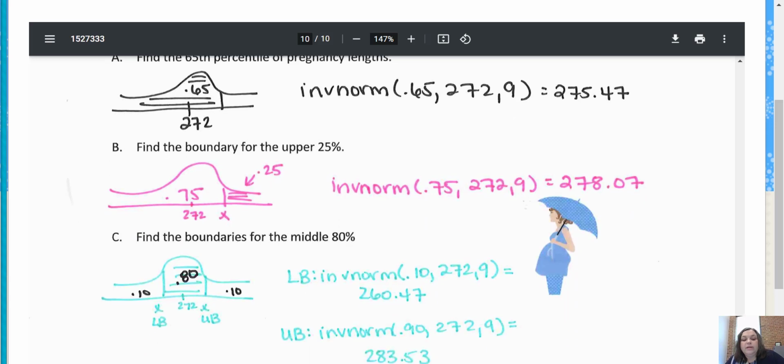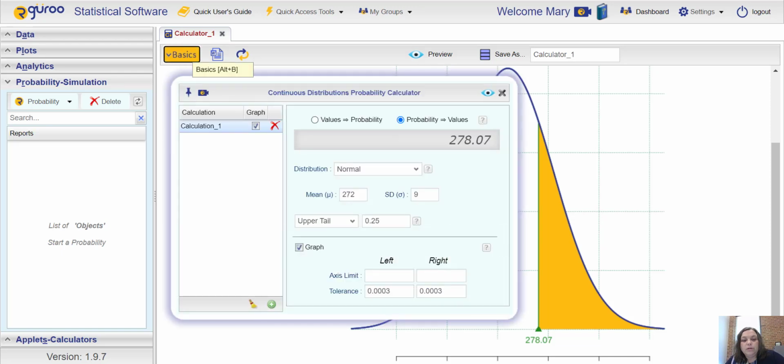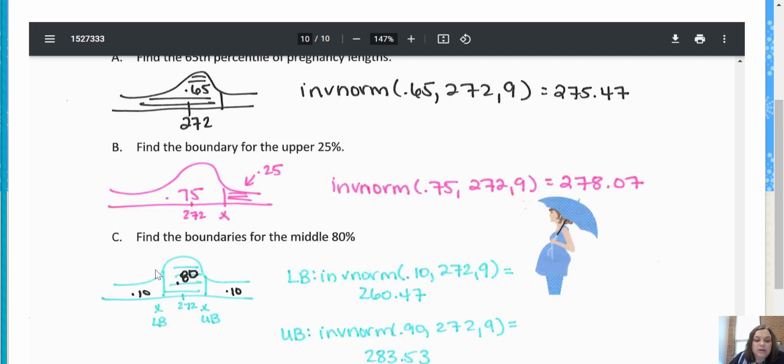278.07. And if they told us to do the middle 80%, instead of upper tail or lower tail, you would do between the tails. Now this one, you can't just put in 80% in the middle. What you have to remember is, if there's 80 in the middle, that's 20 left over because the whole thing adds up to 100%. So that means 10 on the left, 10 on the right.